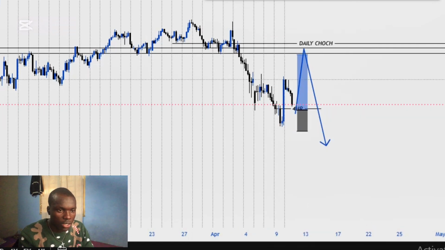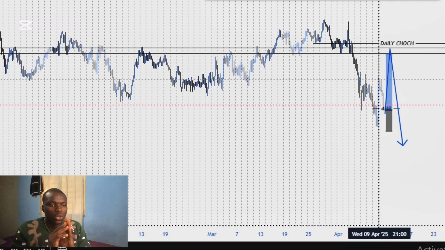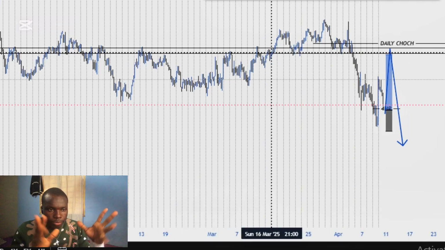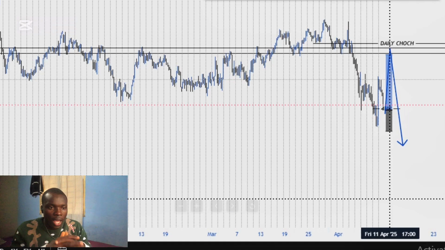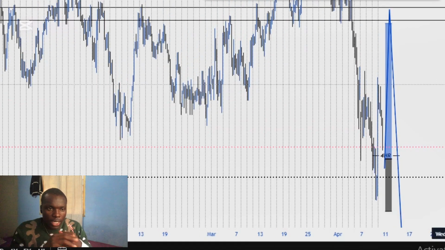After trading it back to this retest point, maybe from that point we might decide to sell. But all I want to do now is to buy. So this is my bias, and this is what I'm expecting on the GBPJPY. I'm expecting a buy from this particular zone right now to the daily change of character.